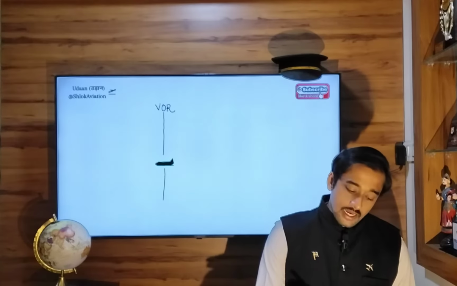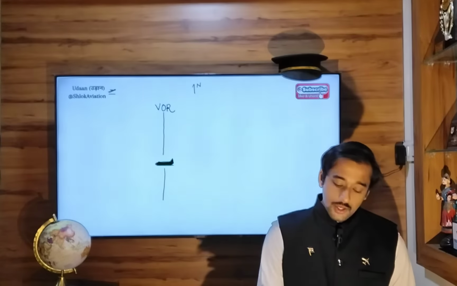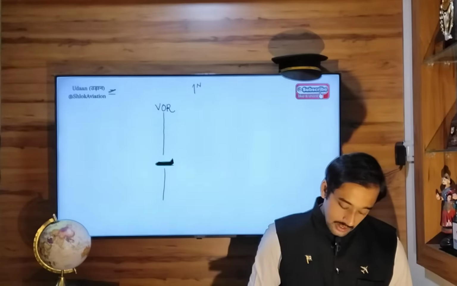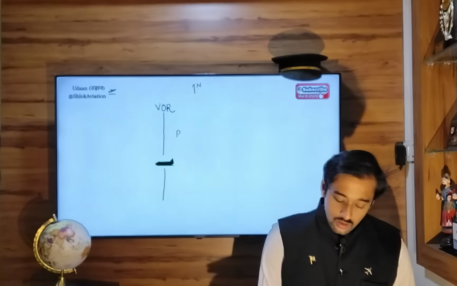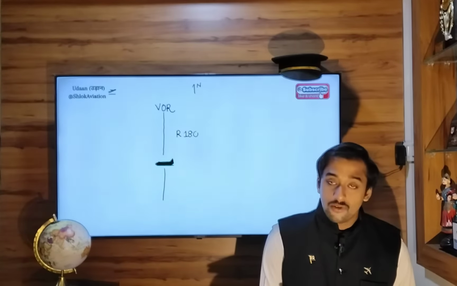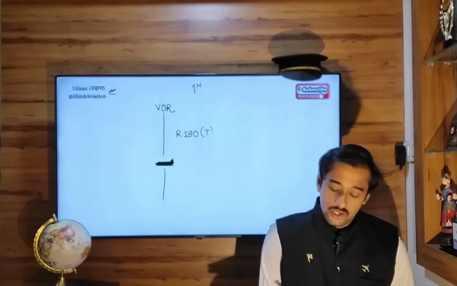So if VOR is directly north of your aircraft, that means the aircraft is on radial 180 from VOR, but this radial will be true in direction.